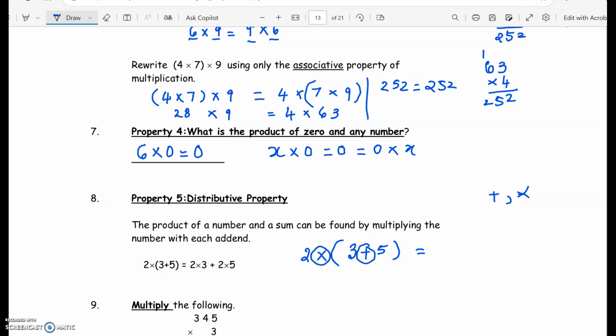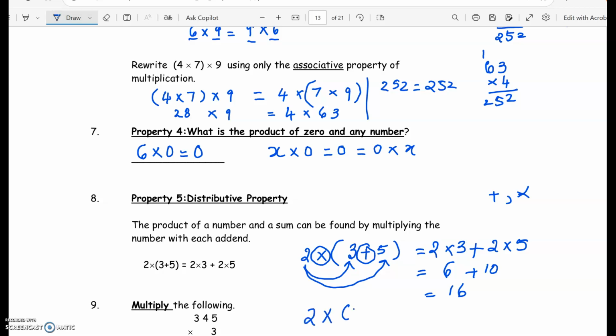Outside the parentheses, we have multiplication. So this is when we use the distributive property. Multiply 2 with 3, then add, multiply 2 with 5. So that is equal to 3 times 2 is 6, 5 times 2 is 10, and that is equal to 16.